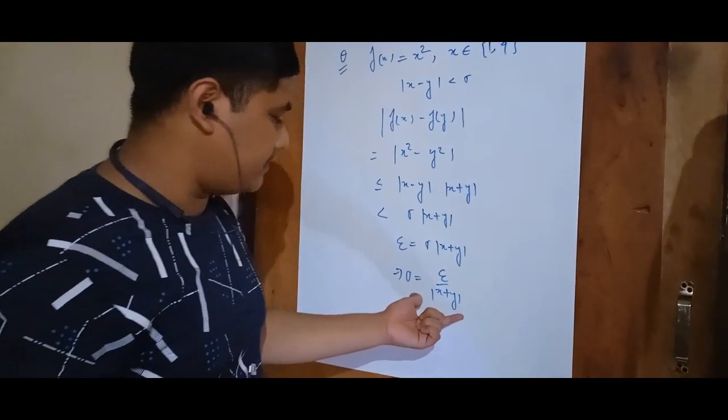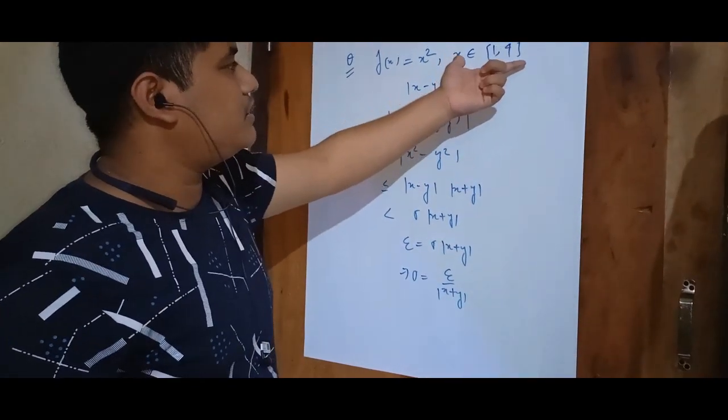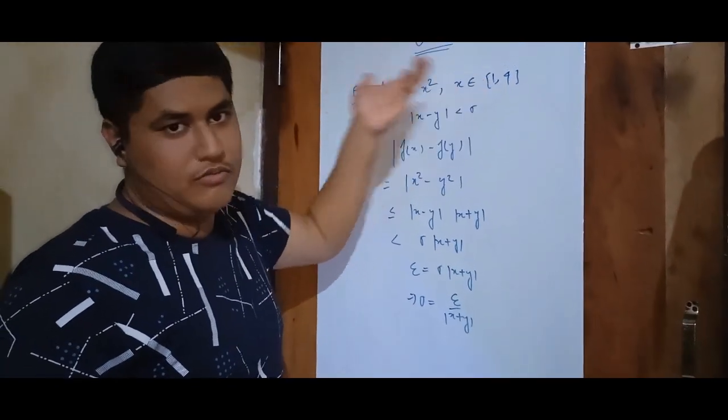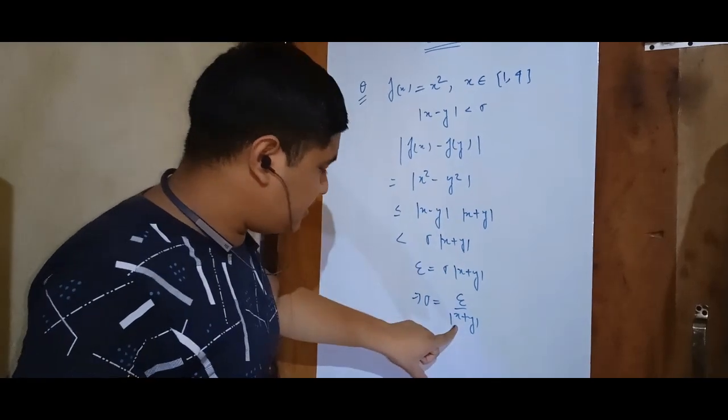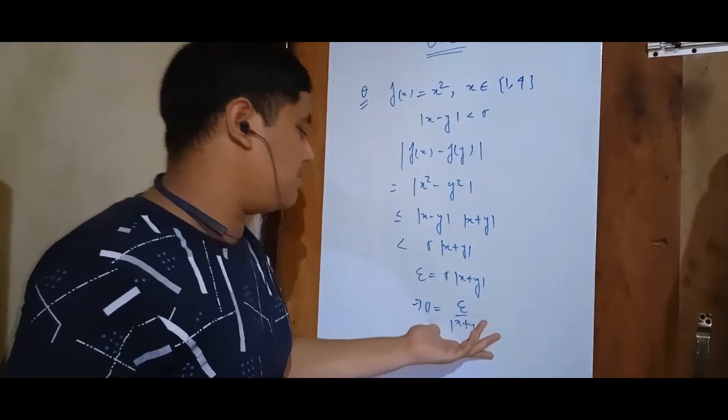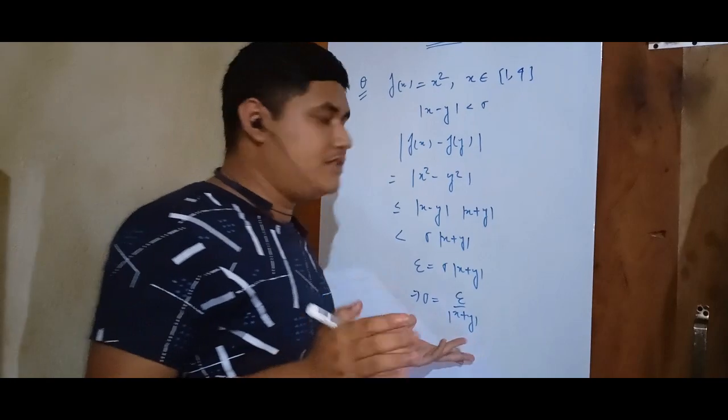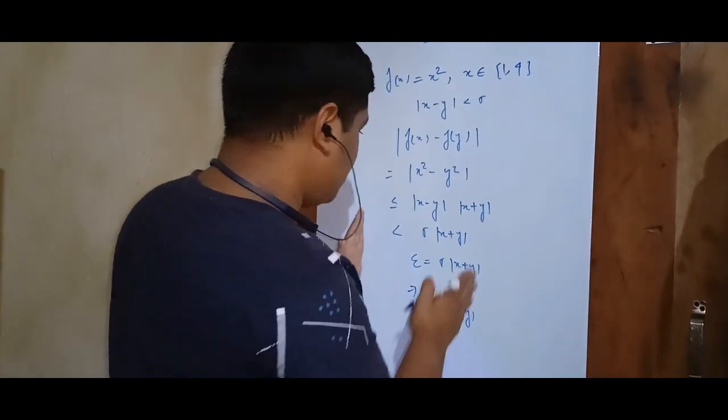But here you can see our interval is the closed interval 1 to 4, and modulus of x plus y will give its maximum value at 4.